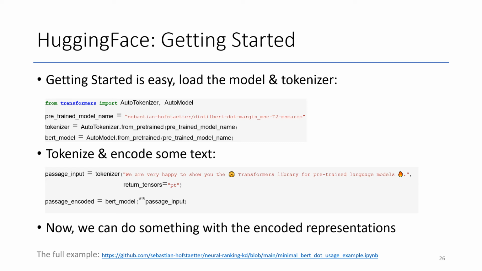And then you can simply tokenize a sentence and pass that sentence to your model to get your encoded representations out of it. And that basically is it. For a full example, you can check out our notebook that shows you how to use one of our models.